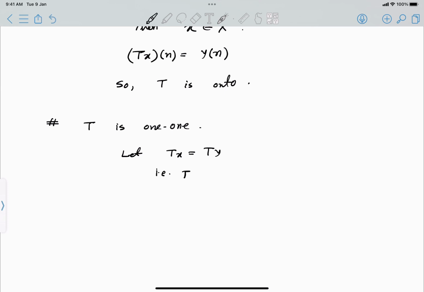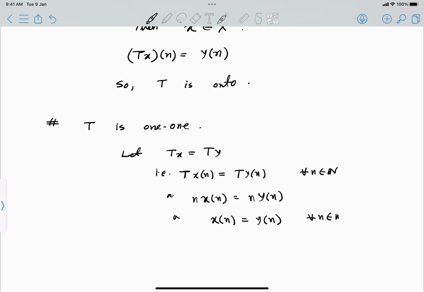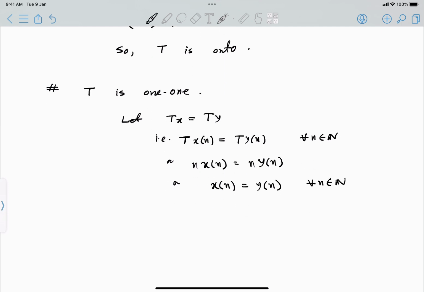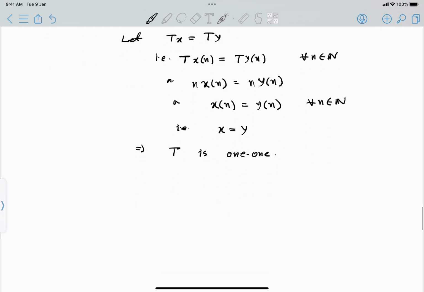So t of xn equals t of yn for all n in natural numbers, means n xn is n yn, or n we can cancel out, so xn equals yn for all n natural number, which implies x equals y. So t is 1-1. So therefore t inverse exists.